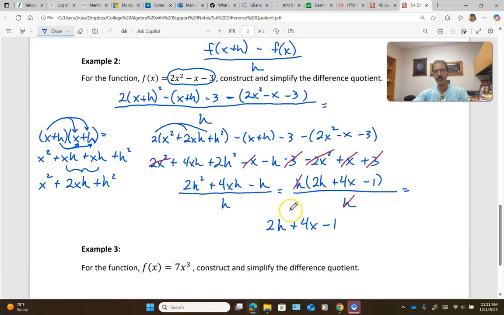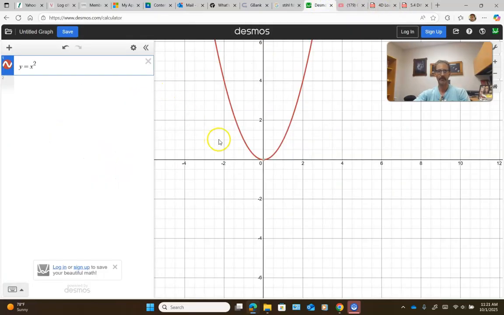and so this is pretty fascinating, because you can take your parabola right here, you can pick any 2 points anywhere, take the x coordinate of that first point, and the difference in the x coordinates.